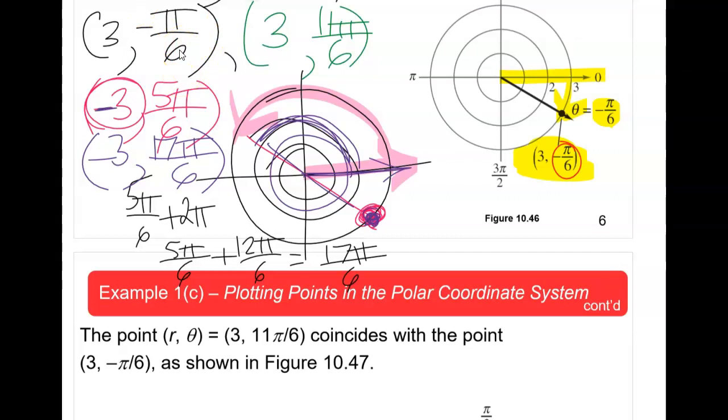If we take that negative pi over 6 and we add pi, then we will have negative pi over 6 plus 6 pi over 6, and that will equal 5 pi over 6. And so that's what we have there.